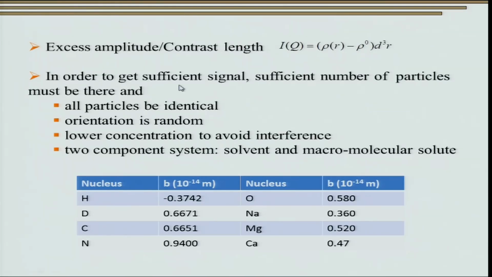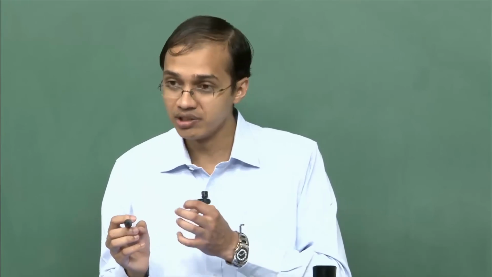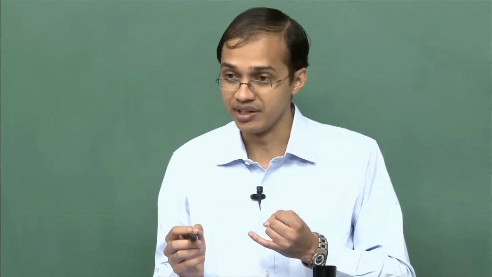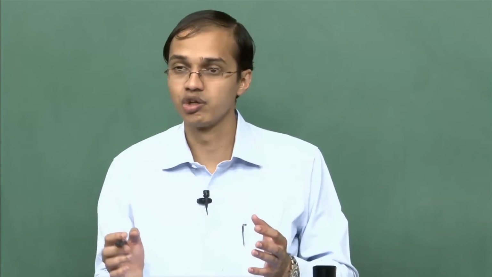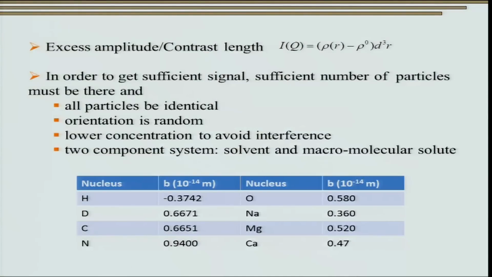Now, in order to get sufficient signal, a sufficient number of particles must be there, right. If the particle size is very small, you should have a sufficient number of these very small particles in your solution, so that you get a good enough signal, and from this signal you can decipher the size, shape as well as distribution of these particles in the solvent. In order to do this, you have to make certain approximations, and we assume that all particles are identical and their orientation is random.